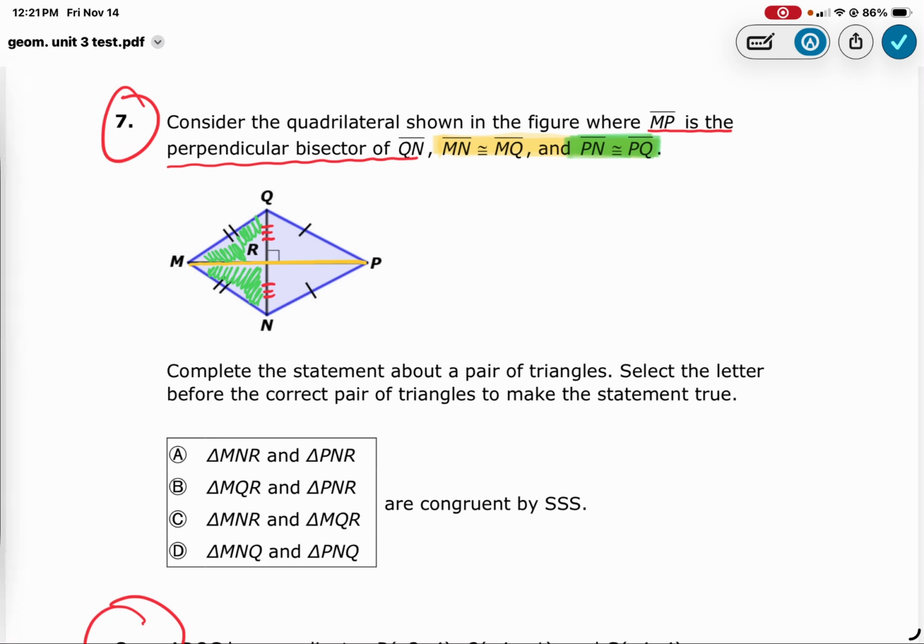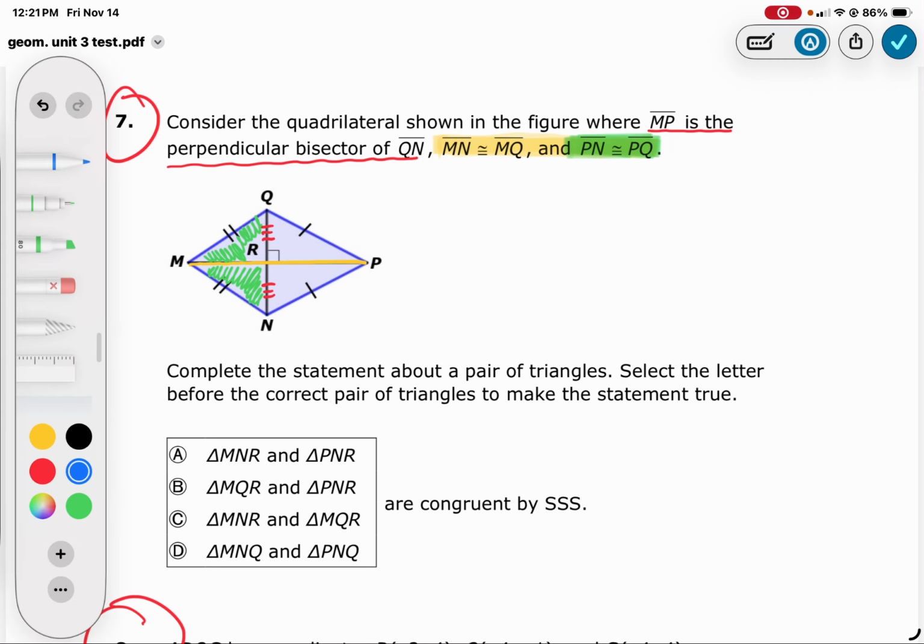All right? And these two triangles, PQR is congruent to PNR. All right. And like I said, that yellow line is what we call a shared side. So if it's shared, it means it's congruent to both of them.